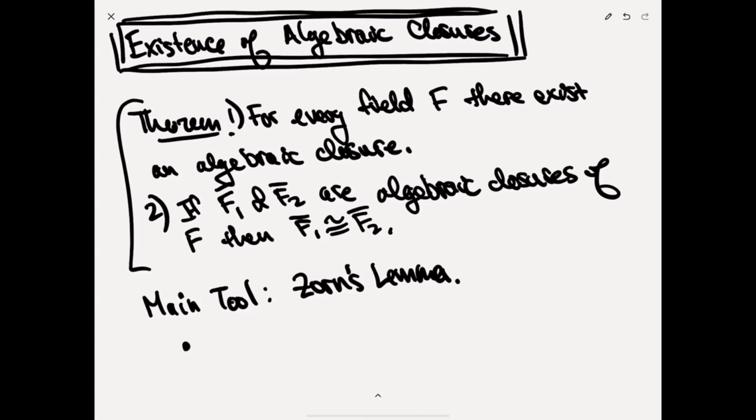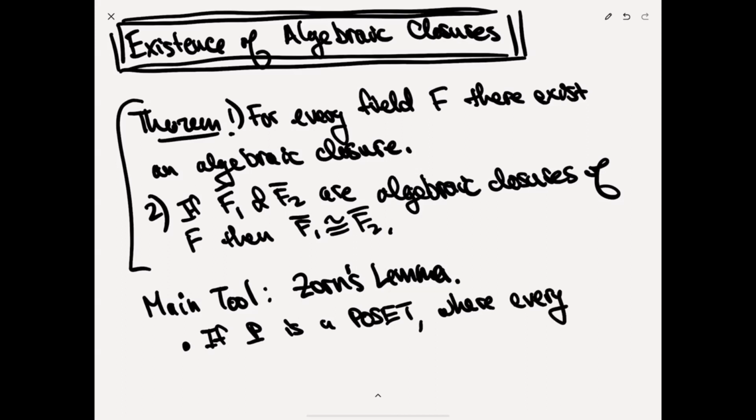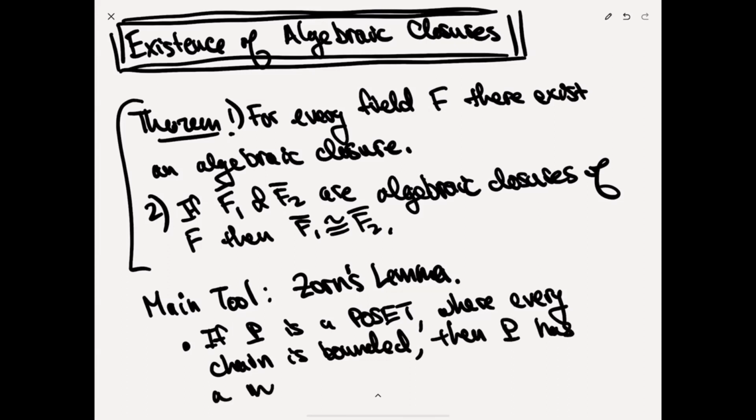It says that if P is a partially ordered set where every chain is bounded, then P has a maximal element. Okay, so that's what this says.